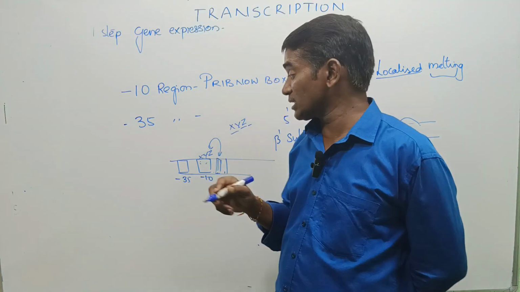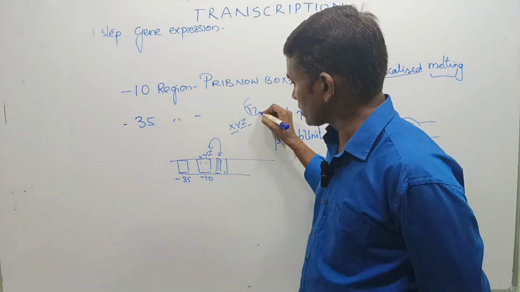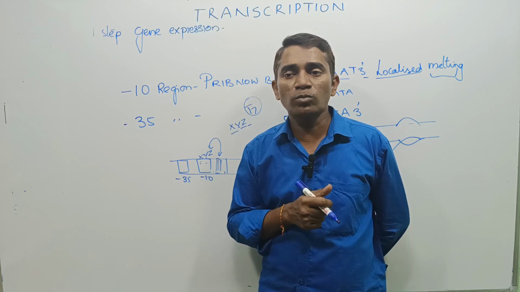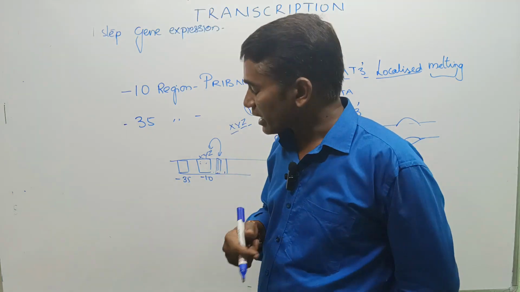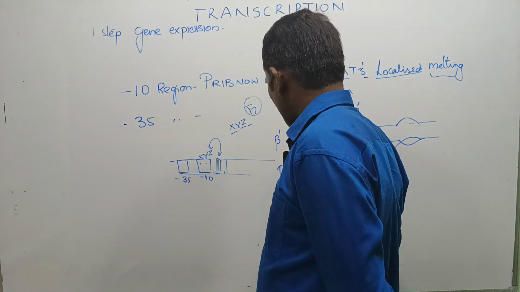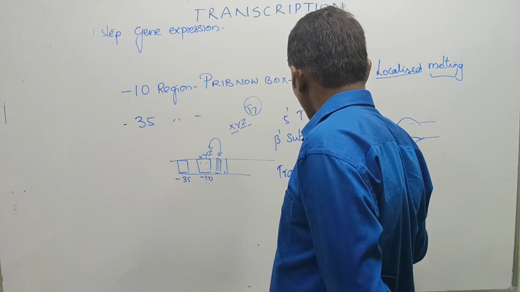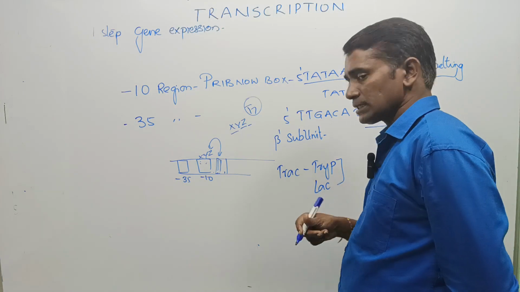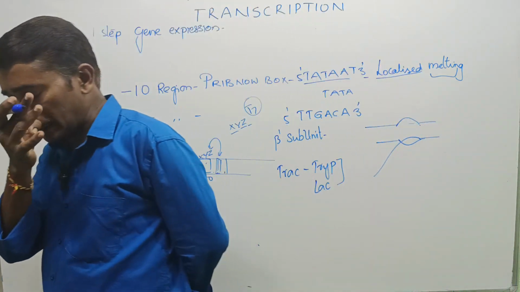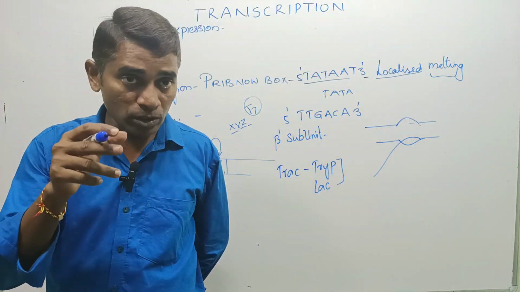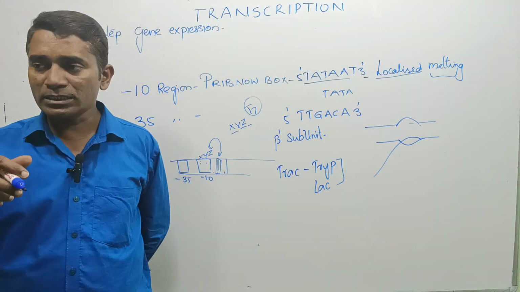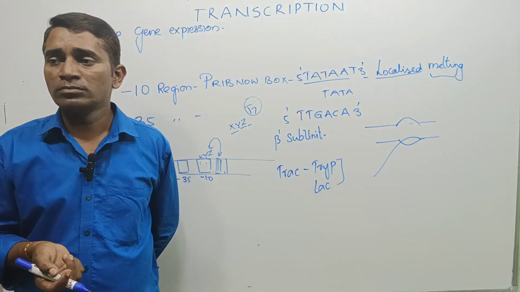We come across such phenomena in the T7 phage genome, and even in the trp operon, meaning the tryptophan operon, and the lac operon. In these cases also we come across a similarity between the promoter region and the consensus sequence. Therefore, the transcription rate is always high.